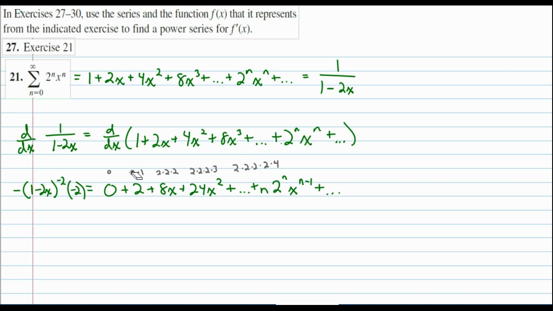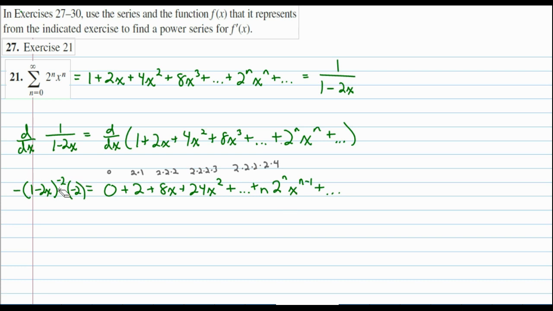So we have 1 2 times 1, 2 2's times 2, 3 2's times 3, 4 2's times 4, etc. So there's your n, 2 to the n, and then we have the x to the n minus 1. X to the negative 1, 0 divided by x is 0. X to the 1 minus 1, that's x to the 0. X to the 2 minus 1, that's x to the first. 3 minus 1, 4 minus 1, etc.